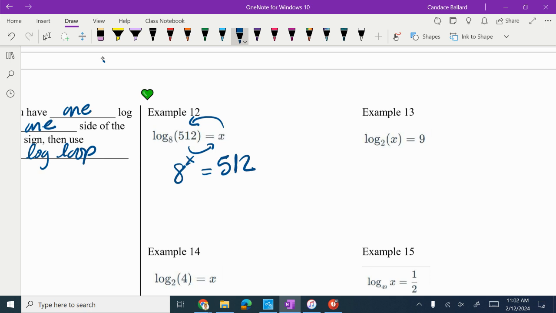Hopefully it's one of the things on my chart. So go look at the square and the cube chart. What do you notice? What's another name for 512? 8, not squared, but cubed. Good. Did I get my bases the same? We learned last week the bases are the same, they cancel. And so our x would equal 3.